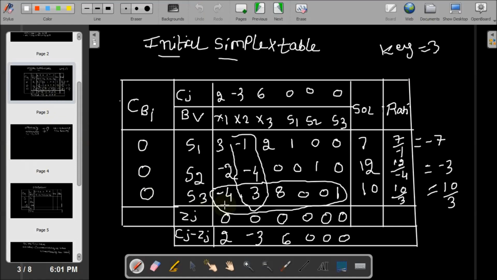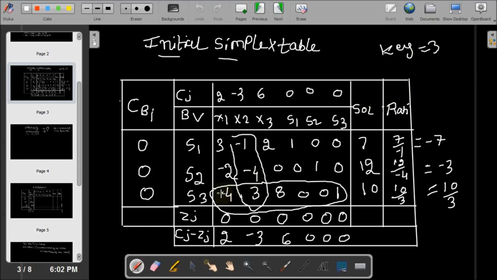So what is the old value here? Because instead of s3, the variable that entered is x2. That's why, what is the value here? -4. You have to divide all the values of s3 with the key element. What is the key element? 3. Getting, guys?